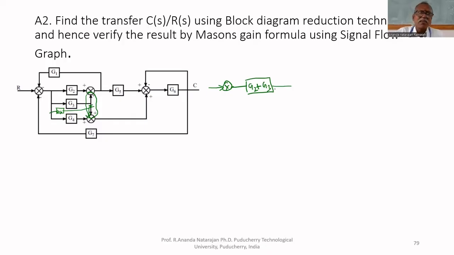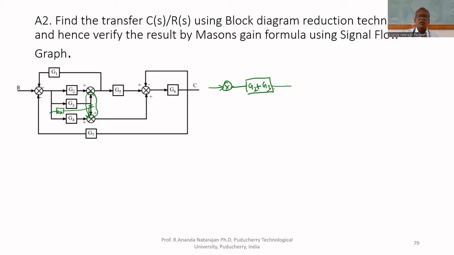So there is no need of a summing junction. Many did, they have drawn the summing junction also. Why did we add? We added G2 plus G3 to remove the summing junction.